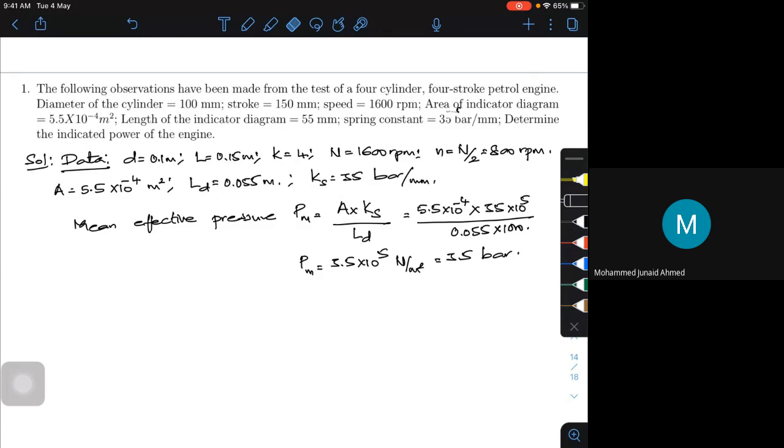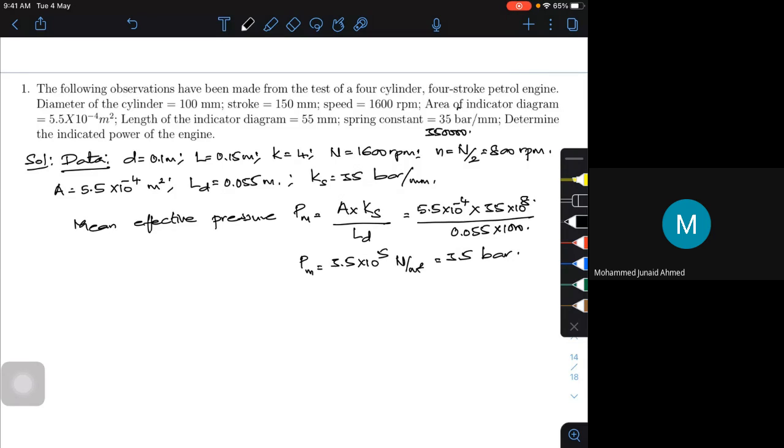This is 35,000, that is 1, 2, 3, 4, so 35,000. So it should be 350,000 bar per millimeter, into 10 to the power of 8. Then I am going to get it. So there is some conversion problem actually.